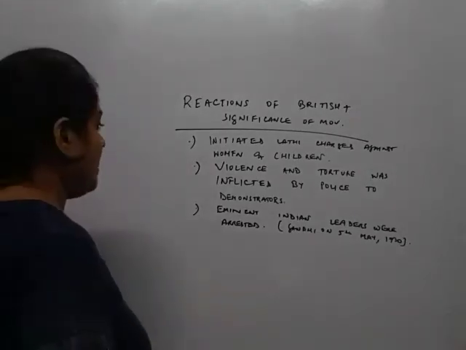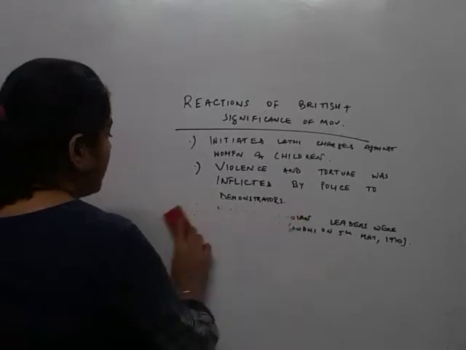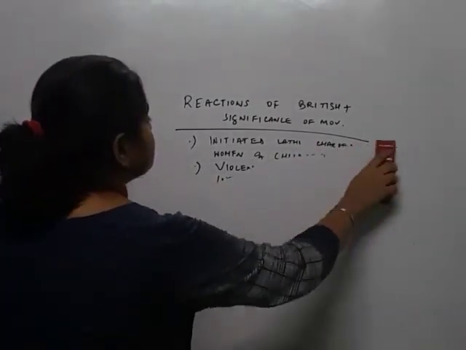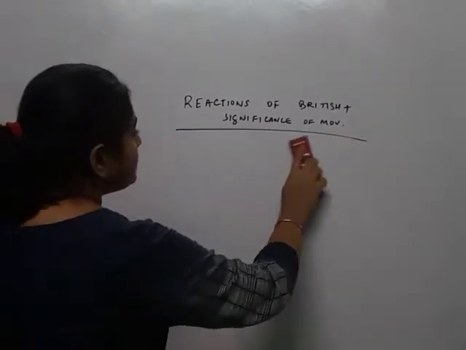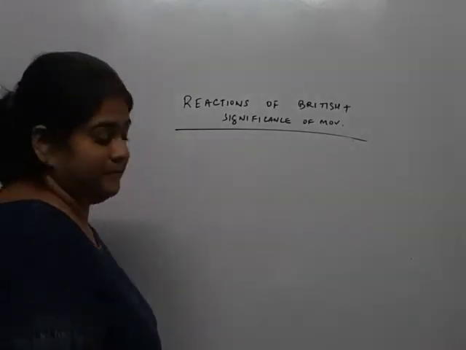Why from the beginning I'm terming this movement to be one of the significant mass uprisings initiated by the Indians against the Britishers? The reason is almost every section of the nation had participated in this movement, including the women and the children.